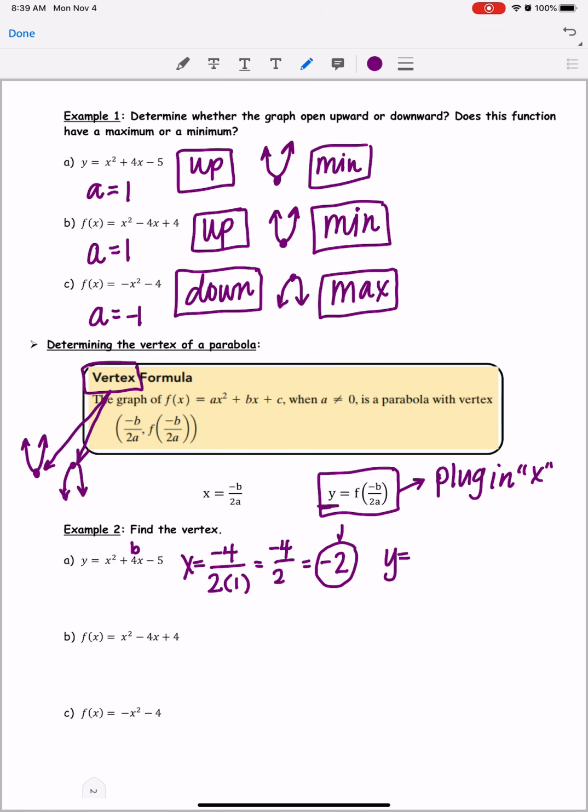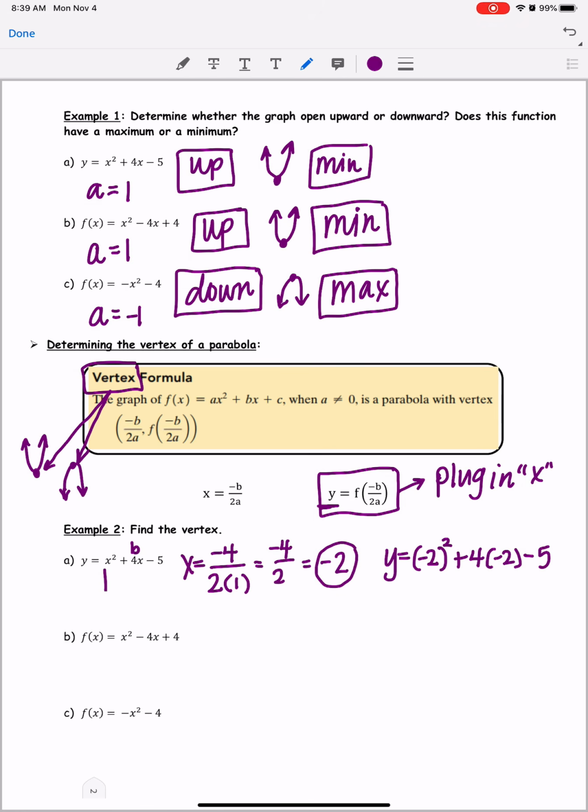My x is negative 2. And when you put this in, you've got to put in parentheses. Plus 4 times, again, that negative 2 goes there. And then minus 5. Okay, so I'm just taking this equation here, and where I see both of these x's, I am plugging in what I found x to be.